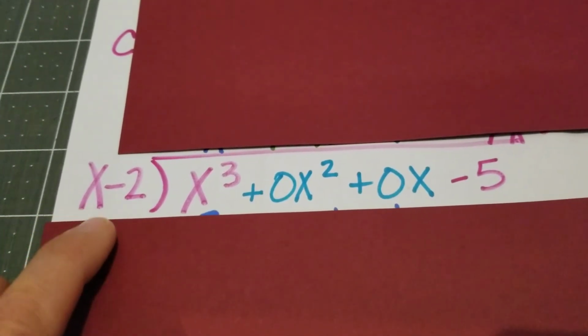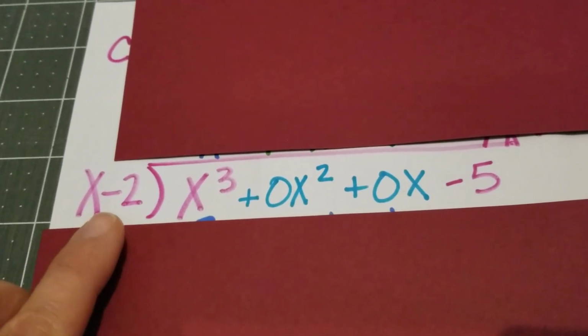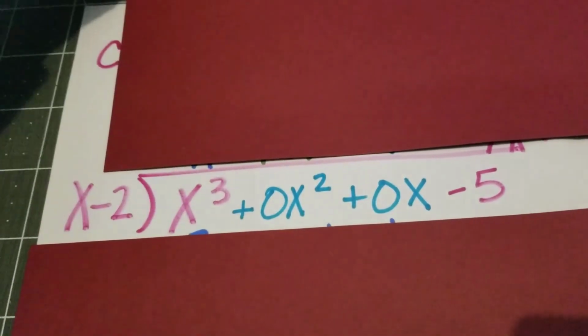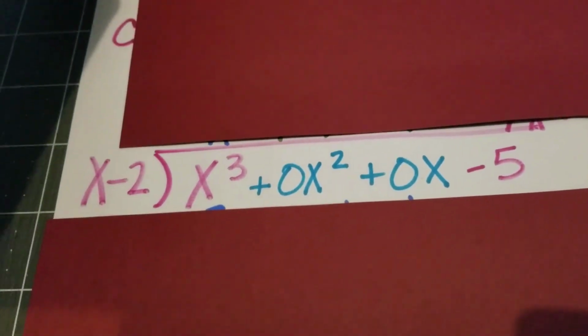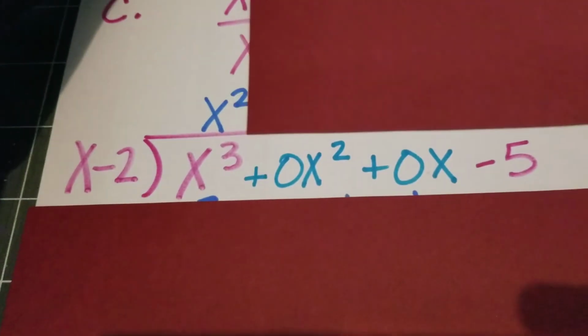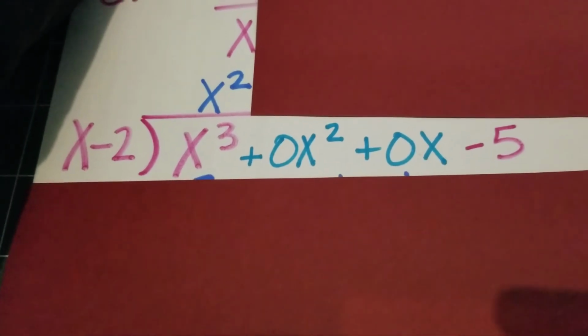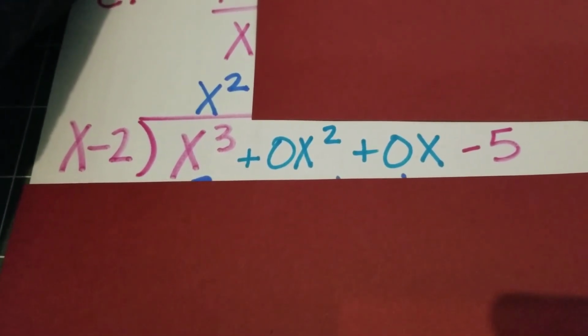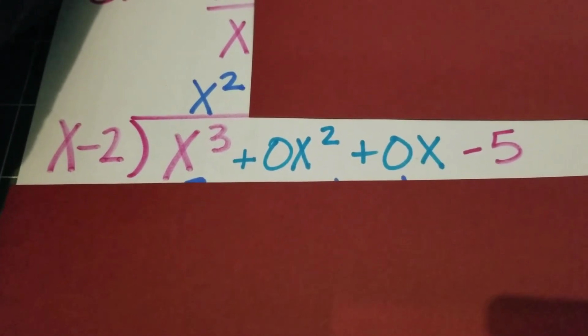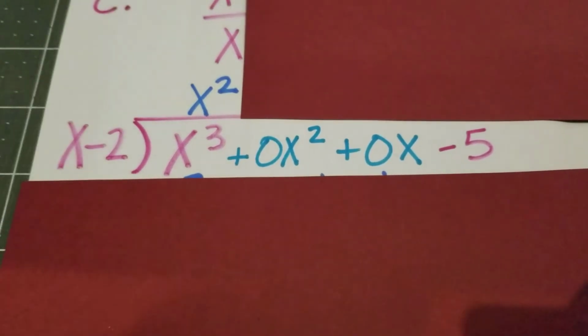Or another way to think about it is x times what gives me x cubed. And so if you think about it, I've got all my stuff here. I'm sorry, it's going to be a little choppy. I'm trying to keep everything organized for you. If you think it's going to be x squared, okay? And so x squared times x gives me x cubed.